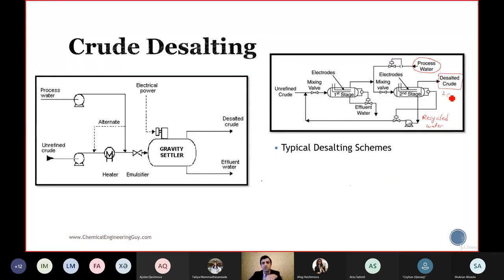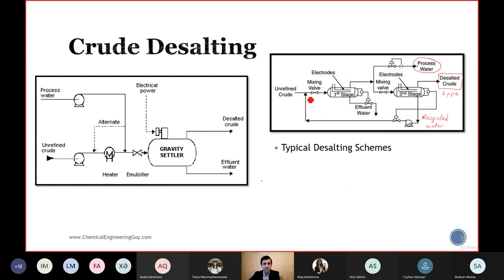That's why I'm using the fresh water in the second stage, to make sure that I can dissolve all the salts. And then, as you said, from the second stage we already have less salt because of the first stage, so we can use the recycled water in the first stage. And then the desalted crude is sent to the distillation tower.